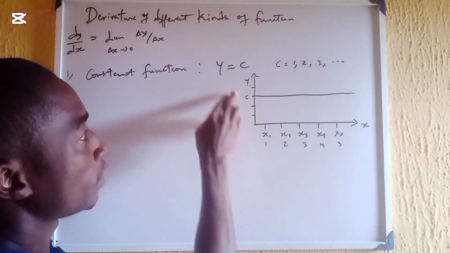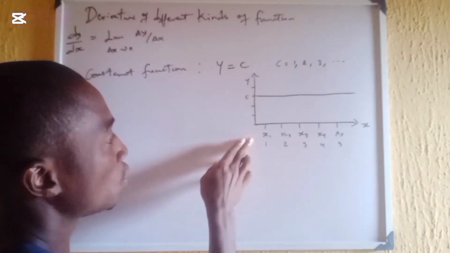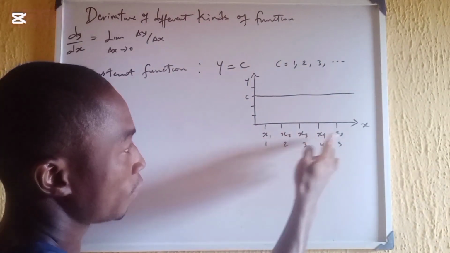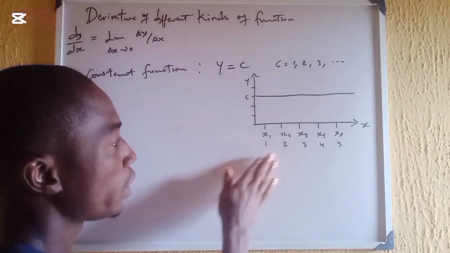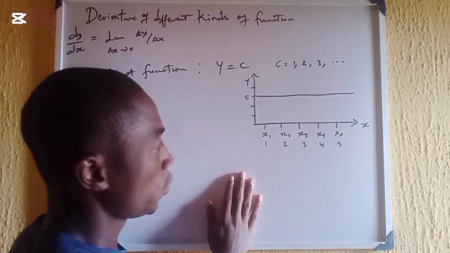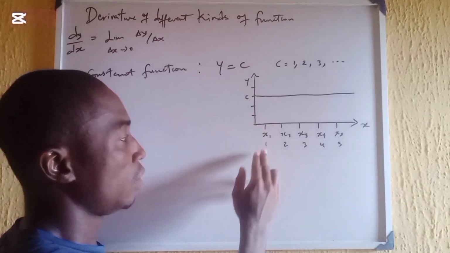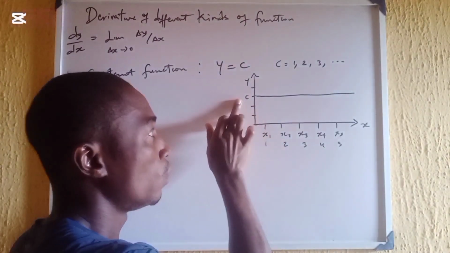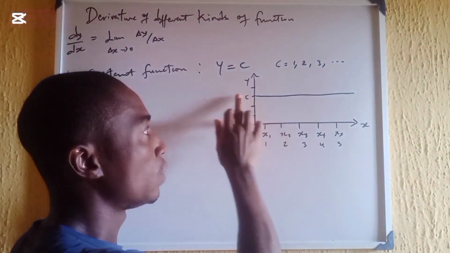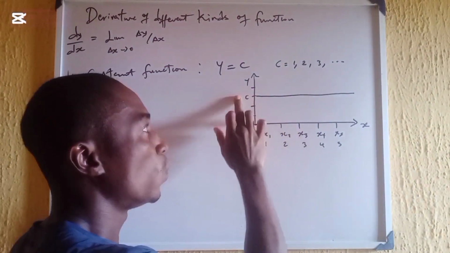Now, we have the graph. Here is y, here is x. So we have x equals 1, 2, 3, 4, 5. Assuming we are using the interval of 1, what you notice is that when x is 1, we still had c. When x is 2, we had c. When x is 3, we had c. When x is 4, we had c.